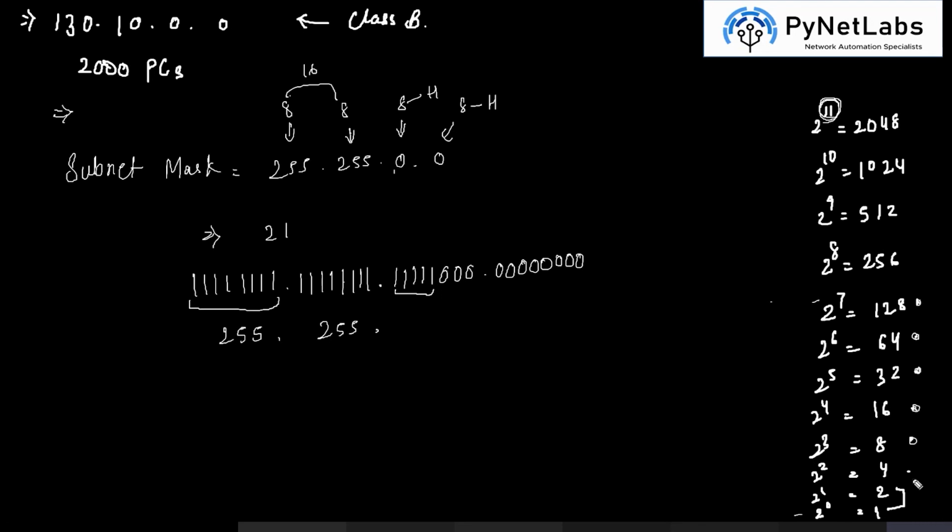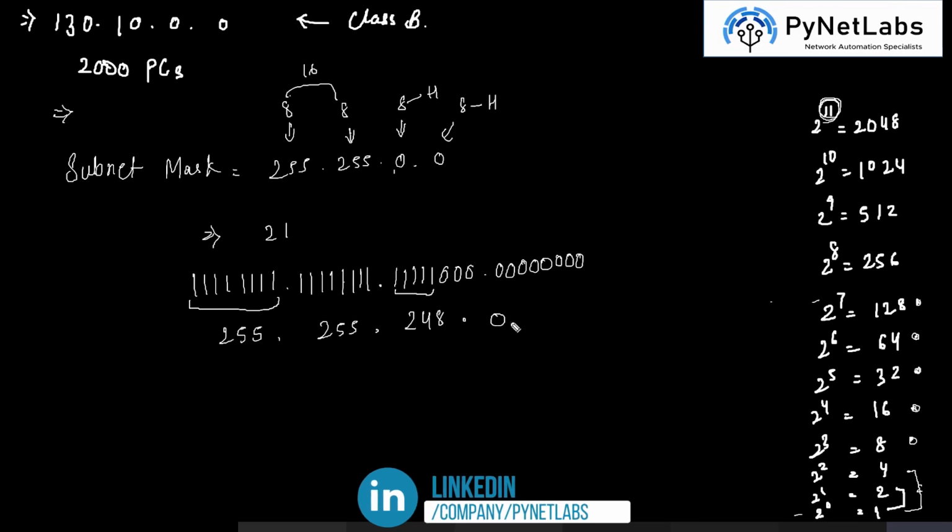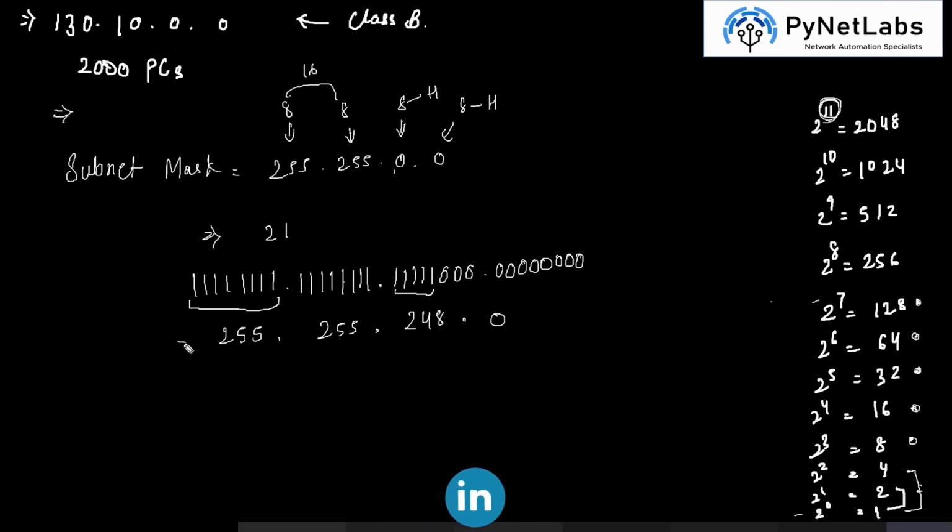We will keep these 3 bits as off, which are the part of host. So when you add them up, you will get 248. Then we have all 0, so we will put a 0. This is the subnet mask.